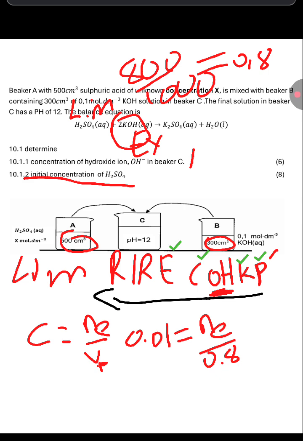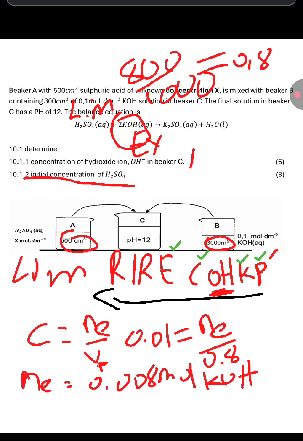Then we multiply these two. So you're going to get number of moles is equals to 0.008 moles of KOH, obviously, which is our excess reactant. These number of moles that we got are the ones that are in excess.